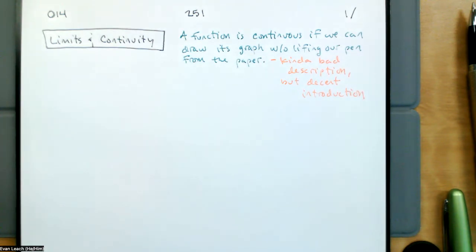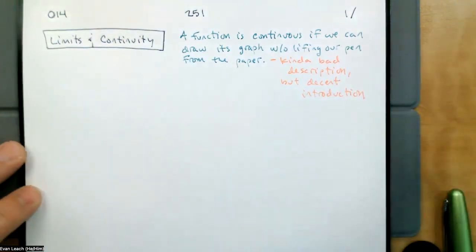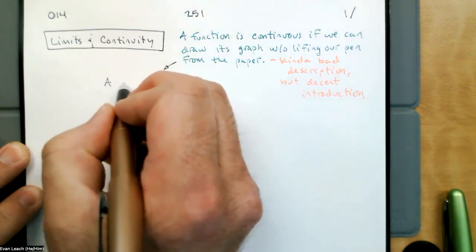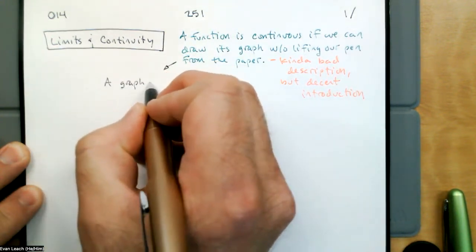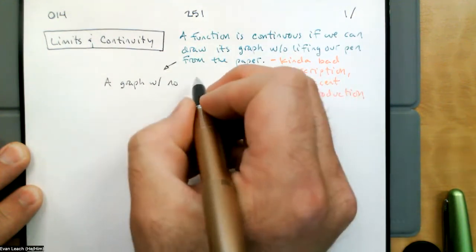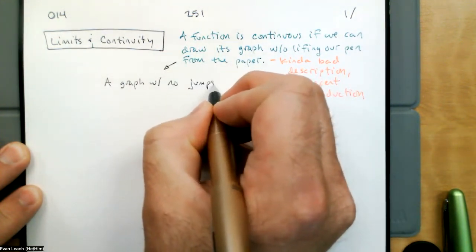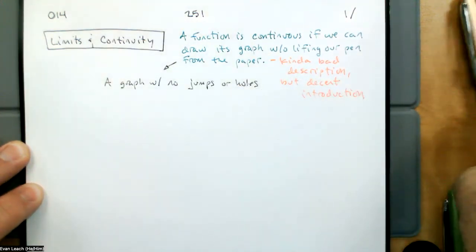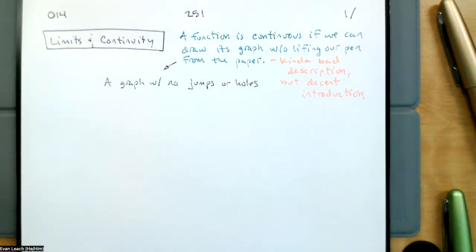What we're looking for is a graph with no breaks or jumps or holes. We want a graph that has no jumps or holes.